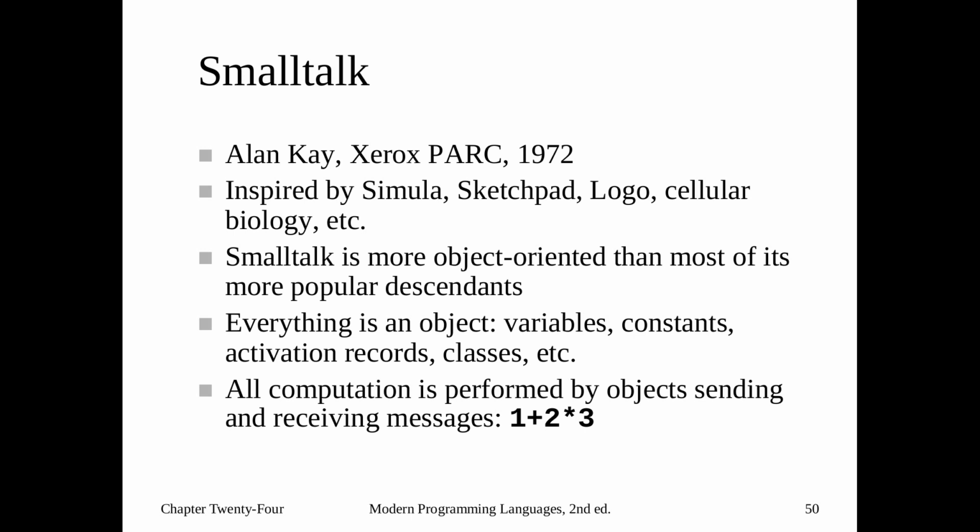So think about, right, all the computation in Smalltalk is done as objects sending and receiving messages. So the message here is we are sending the message to 1 to add the combination of the message that was sent to 2, which is 3 multiplied by 3, right? So we typically think like sending a message is calling a method on an object.